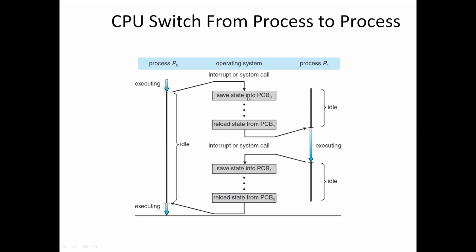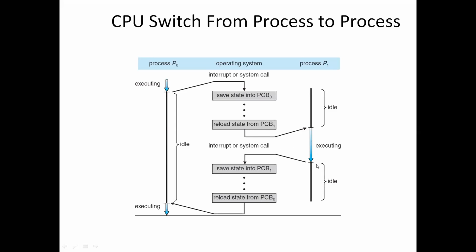That information is saved into process control block 0. Then it will load the state information from the process control block 1, that is process P1's information, and then it will start executing process P1.